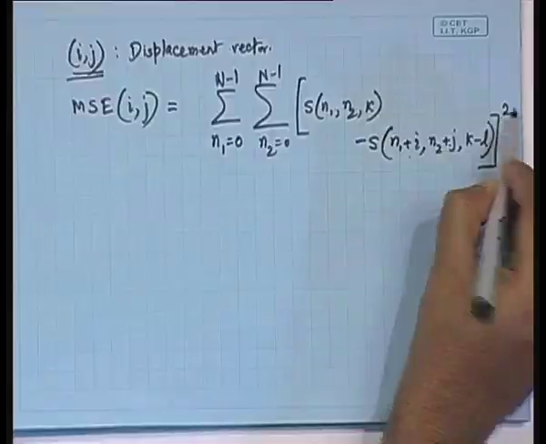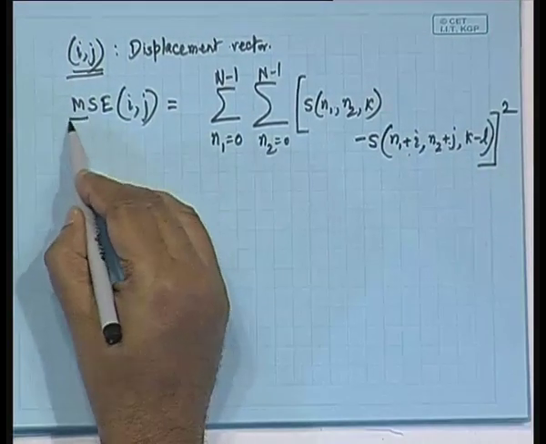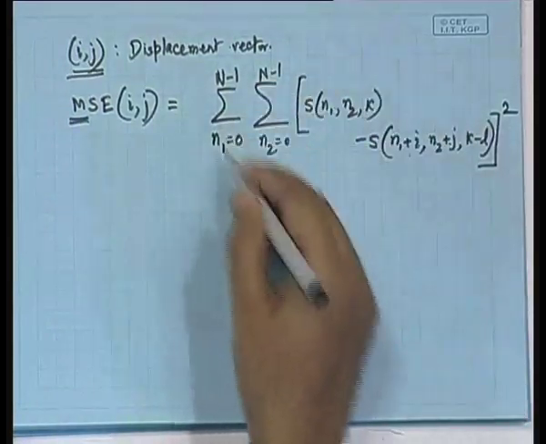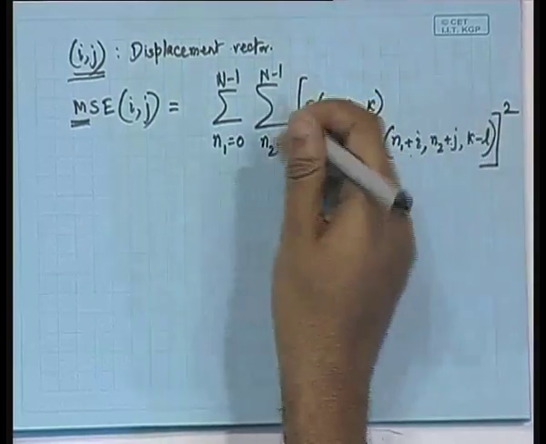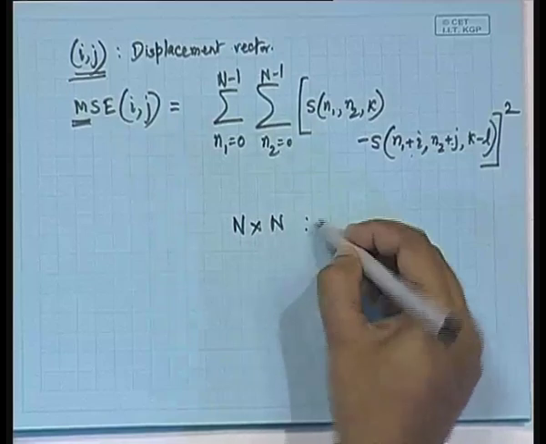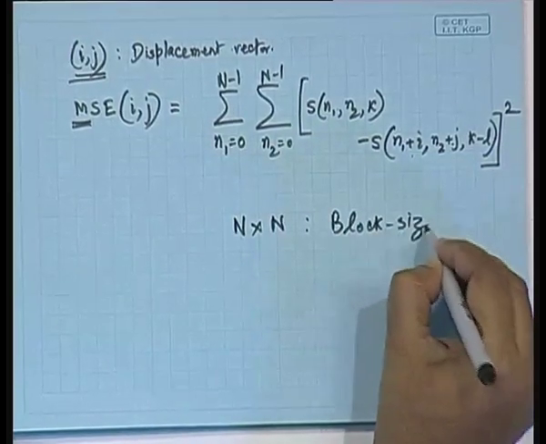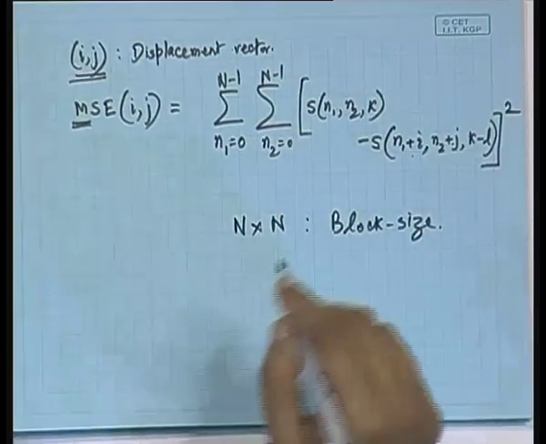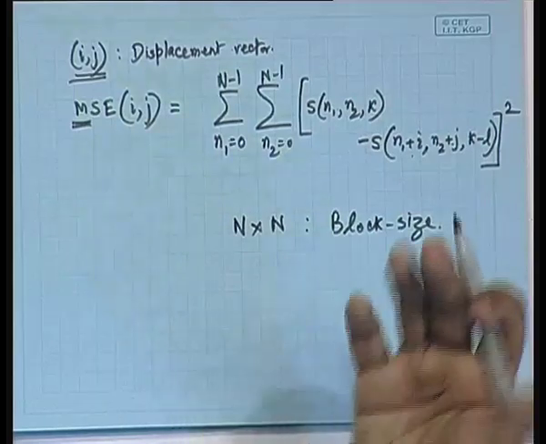So, errors should always be represented as positive. To do that we square this, which is why we call it mean square error. So, what we have done is to sum up the squared error over the entire window. In this case we have assumed N by N, capital N by N, to be our block size. Again, just like the way we used for the transforms, we had used N equal to 8.